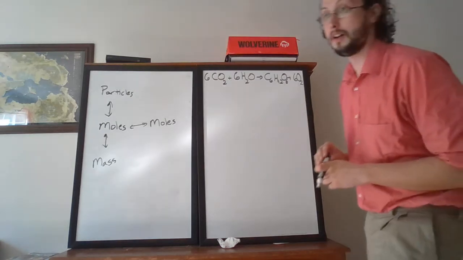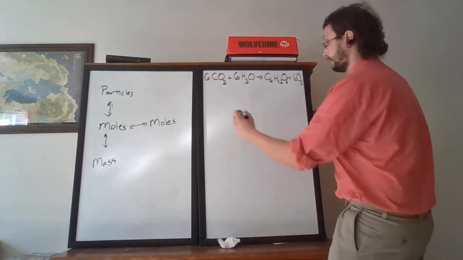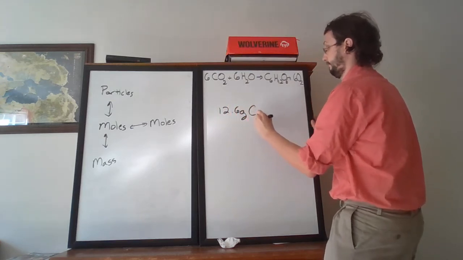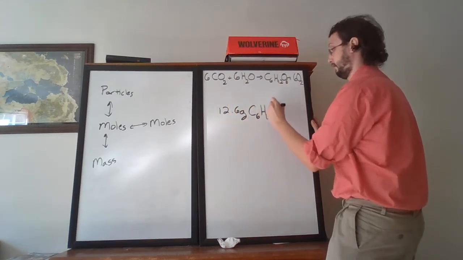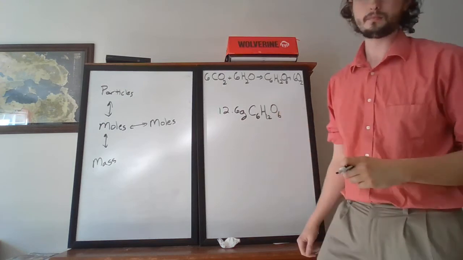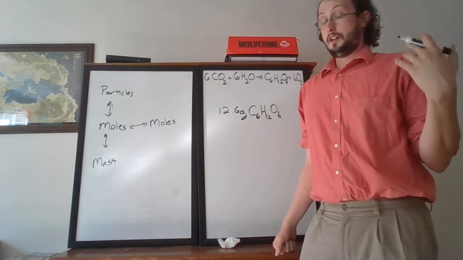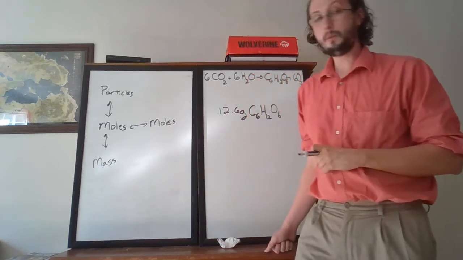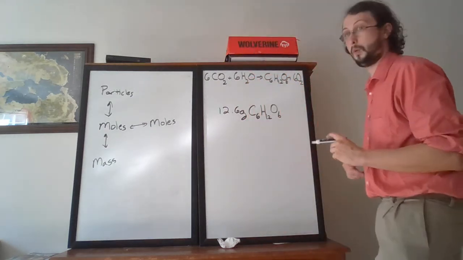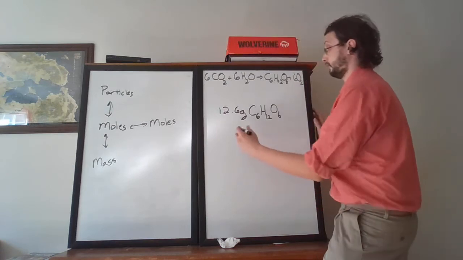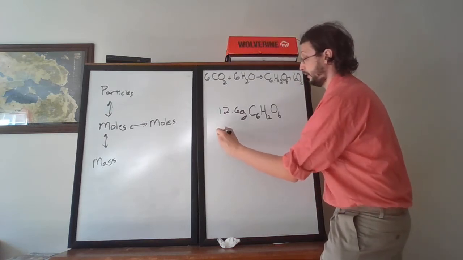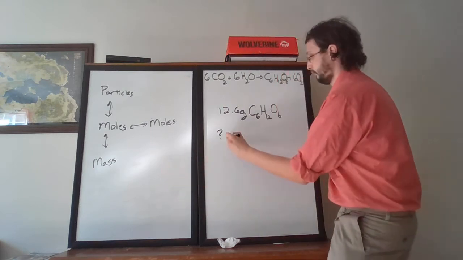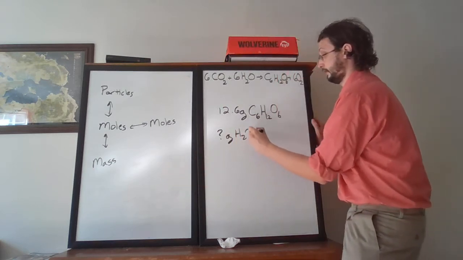And so we know that we have 12.6 grams of glucose, and we want to know how many grams of water are required to make that much glucose in photosynthesis. So how much water would a cell need?